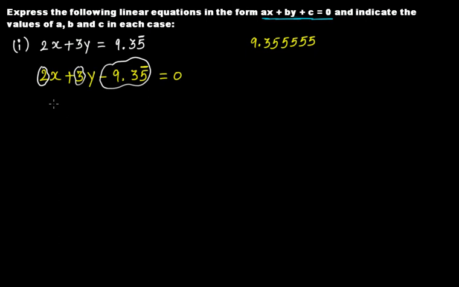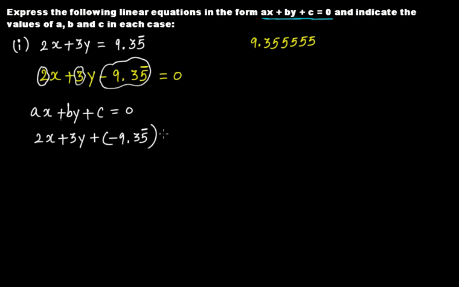And why? Because you have to write this in the form ax plus by plus c equal to 0. So it is 2x plus 3y plus minus 9.35 bar equal to 0.